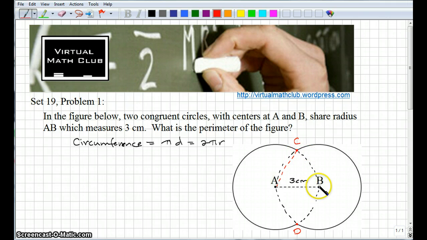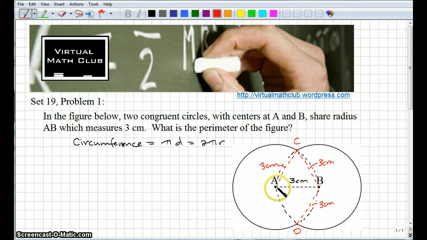And I could draw another radius here from the center B to point C. We know that both of those radii are 3 centimeters. The same way down here, I could draw a radius from B to D, and that would also be 3 centimeters.